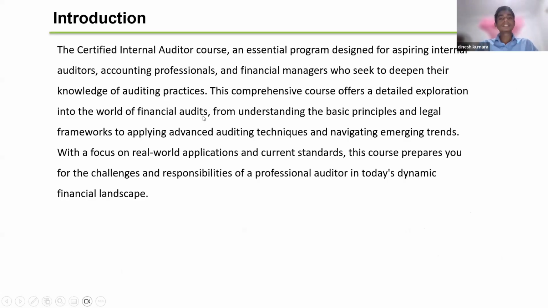Not only internal auditors, but also professionals related to finance auditing, like accountants, management accountants, finance executives, finance managers. If you are linked to auditing and you think you need this certification to develop your auditing skills, then this course is designed for you.